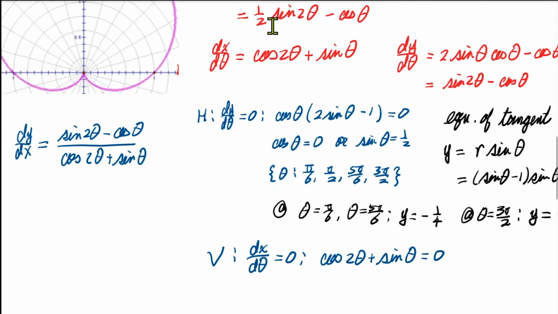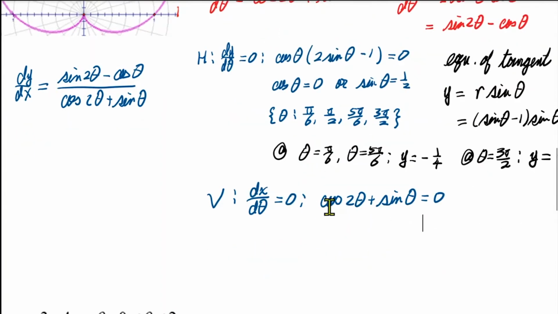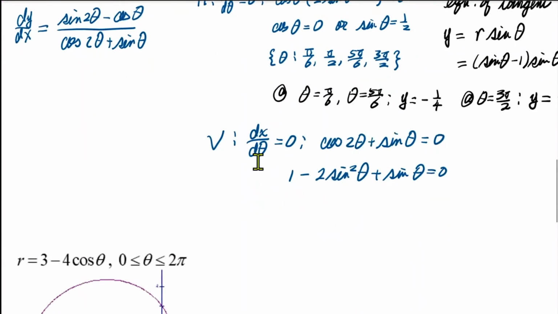With me? Okay, and of course I'm going to convert this into 1 minus 2 sine squared theta plus sine theta is equal to 0. You with me? Okay, convert that to 2 sine squared theta minus sine theta minus 1 is equal to 0. Hopefully not too much algebra.